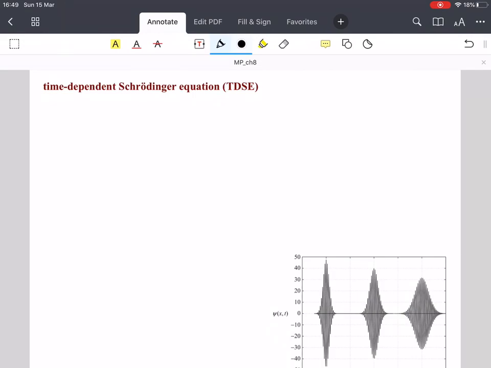So what we can do is go back to our separation of variables, and if we take the time derivative of that, we can get a relation. So let's show that.